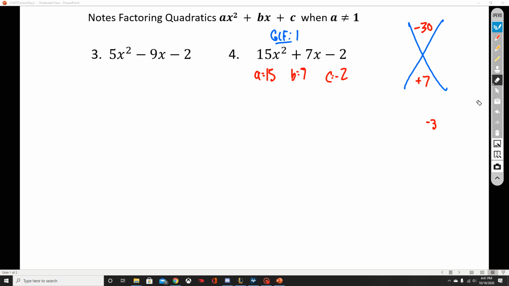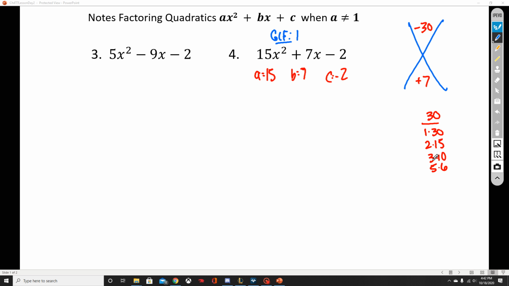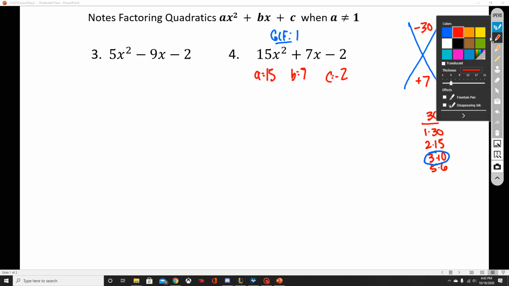So what I'm going to do is figure out all the numbers that multiply to give me 30. 1 times 30, 2 times 15, 3 times 10. And actually I think I see it, but I'll keep going. 5 times 6, and that's all of them. Well, the only possible combination here that's going to add up to 7 is going to be 3 and 10. And these need to add up to positive 7.